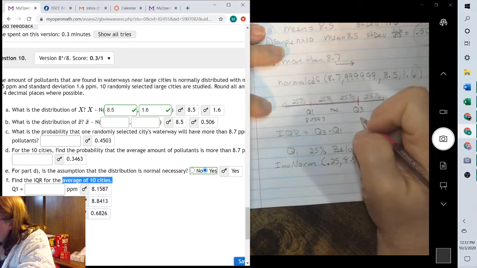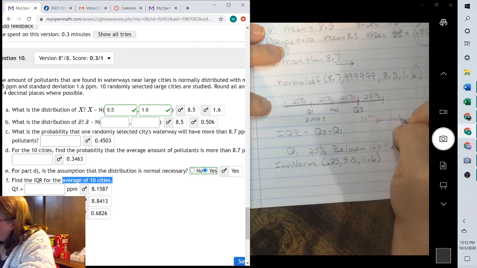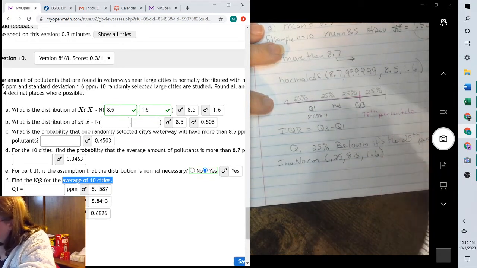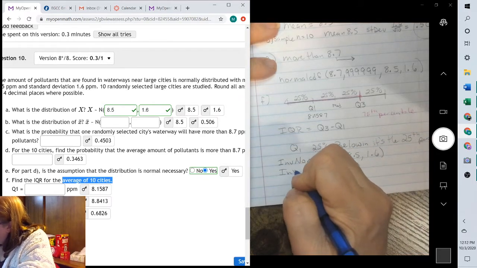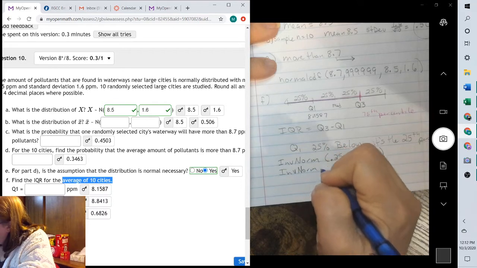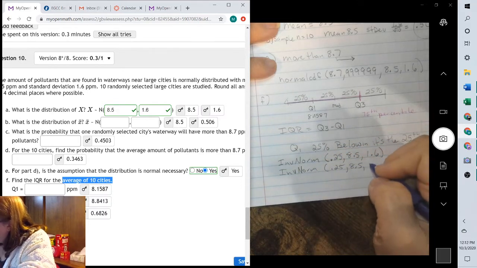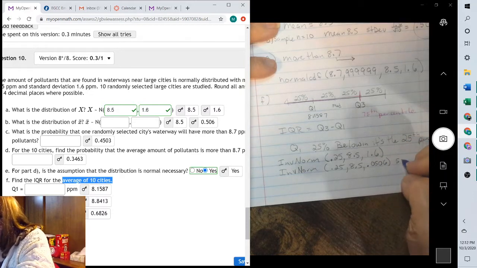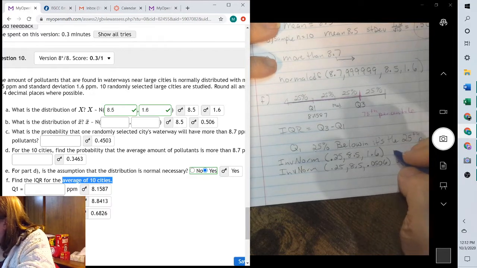To find this one, notice it starts here and it's everything below it. So Q3 is the 75th percentile. So this one was the sample of 10, this one was the population.